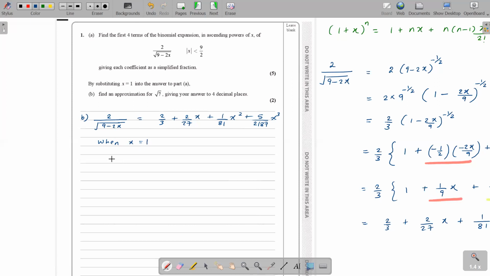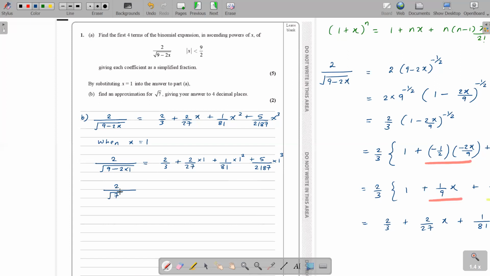When x equals 1, what do we get? Replace every x with 1. 2 over root 9 minus 2 times 1 equals 2 over 3 plus 2 over 27 times 1 plus 1 over 81 times 1 square plus 5 over 2187 into 1 cube, right? Can you all get me the answer? This is 2 over root 9 minus 2, which is 2 over root 7, right?